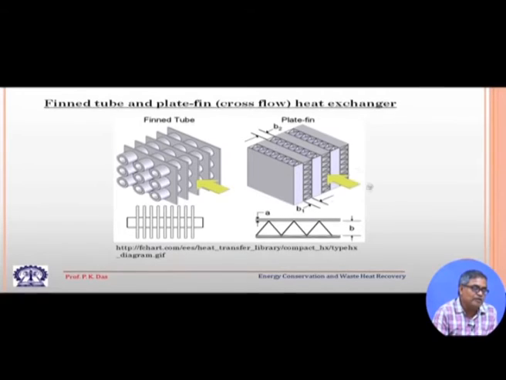So, here also it is in a cross flow arrangement, though in plate fin heat exchangers we can have different kinds of arrangement. Both these types of heat exchangers are very relevant for waste heat recovery purposes. We can think of a car radiator, from where if we have to recover waste heat, this kind of heat exchanger is used.